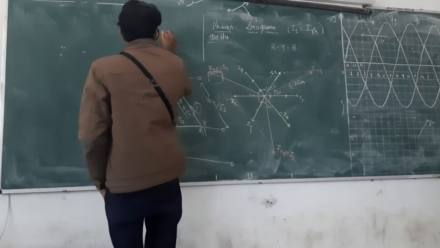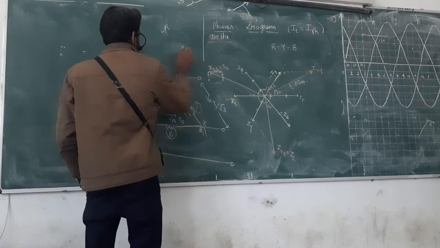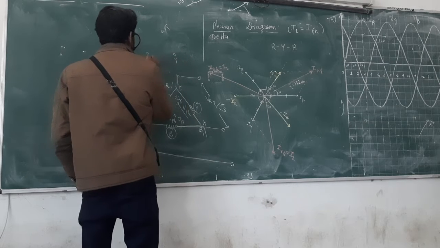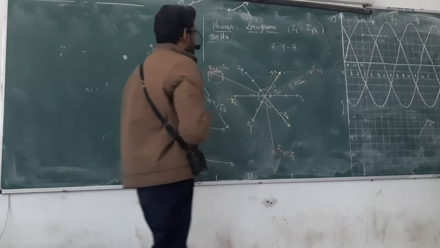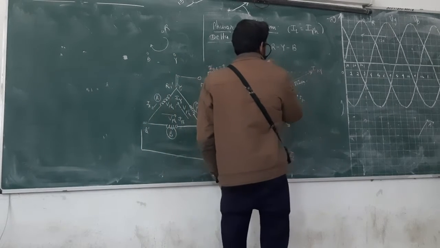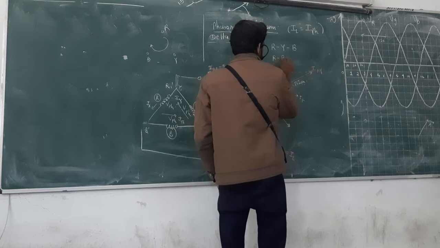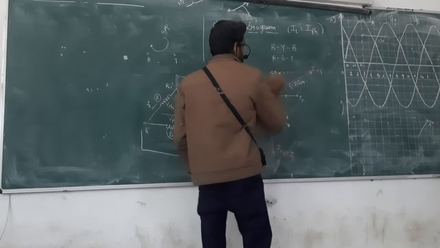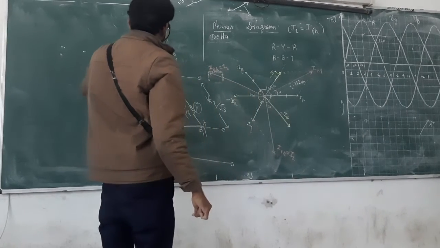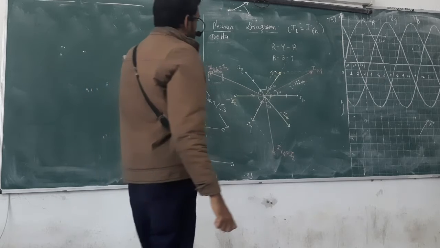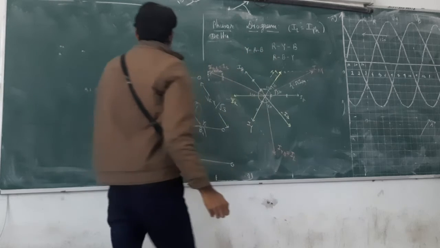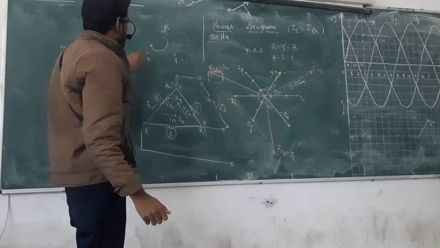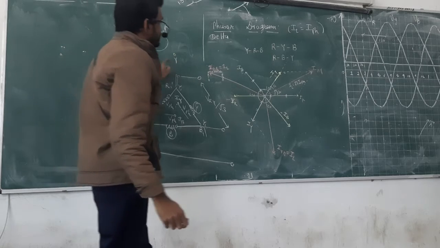Now what is the reverse sequence? See, here is the R, here is the Y, here is the B. The sequence is R, Y, B. If I change two letters, it becomes R, B, Y, counterclockwise. Interchange these two: Y, R, B, anticlockwise.